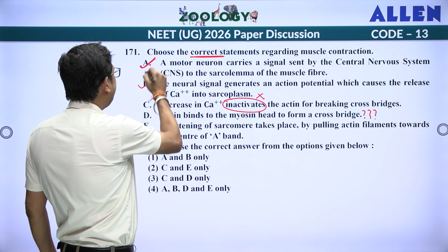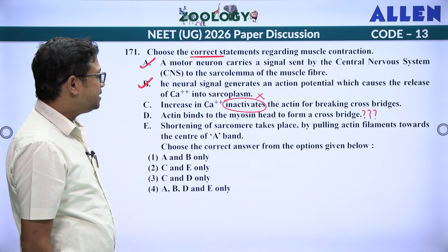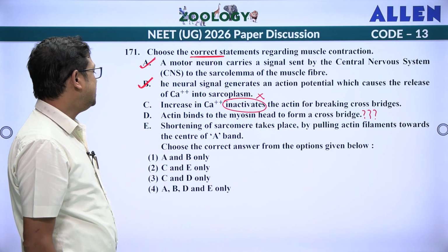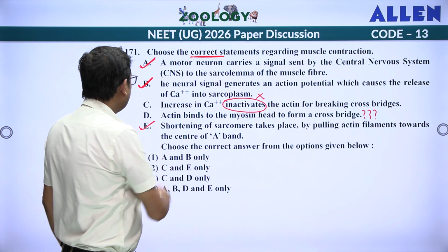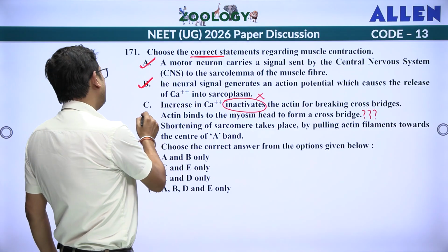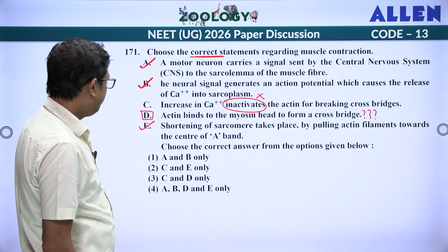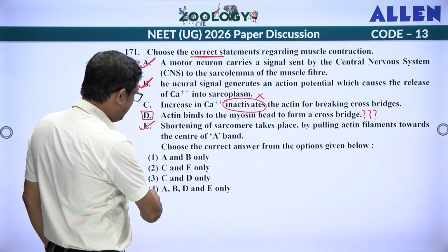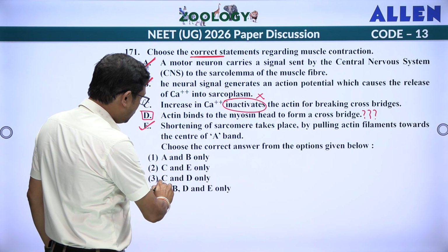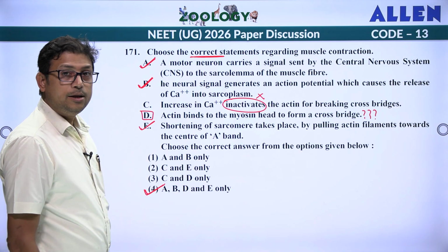I am confident A is correct and B is correct. Now E is what? Shortening of sarcomere takes place by pulling actin filaments towards the center of A band. This is also true. Now I don't know whether D is correct or wrong. But if you see the options, there is no option A, B, E. So only one option is available, that is the fourth one. So A, B, C, D, E only. So answer here will be the fourth one.